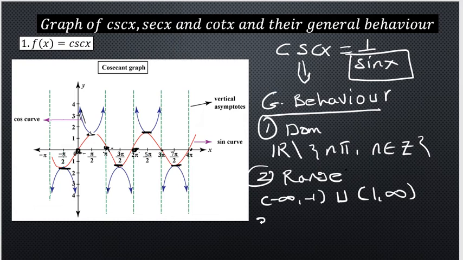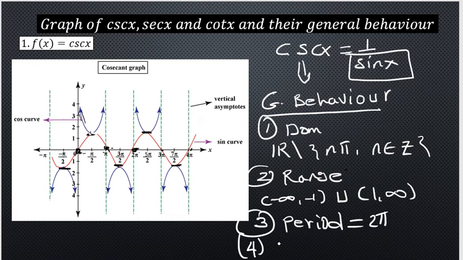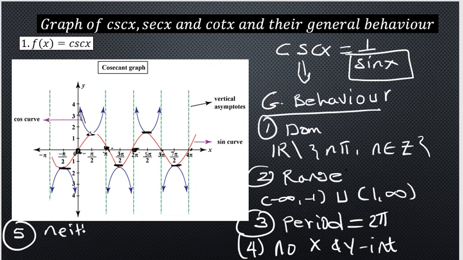The other, the third point, period. I mentioned before, it is the same, 2 pi, like that of sine. And the fourth point: it has no x-intercept and no y-intercept. The other point, we can say it is neither increasing nor decreasing.